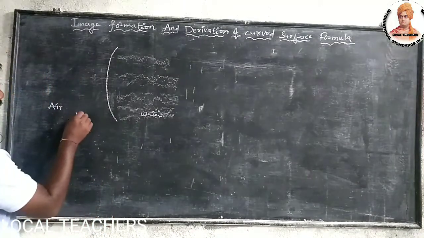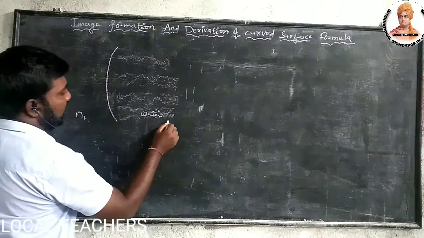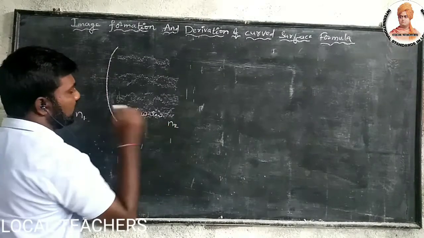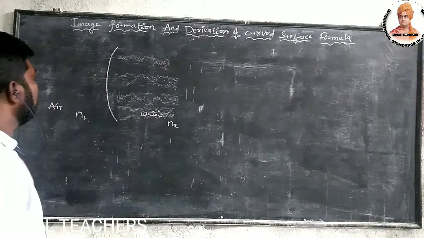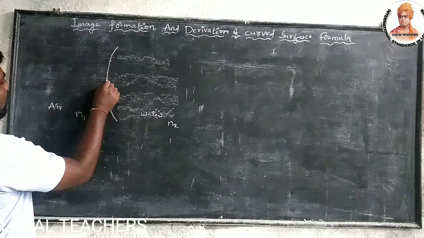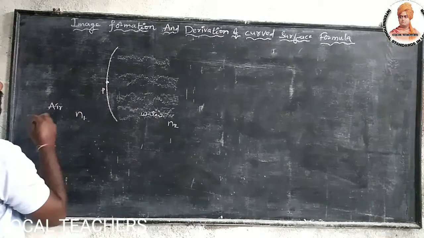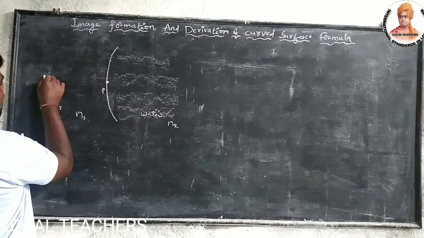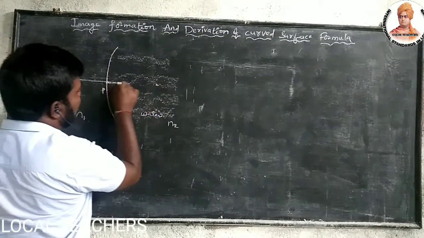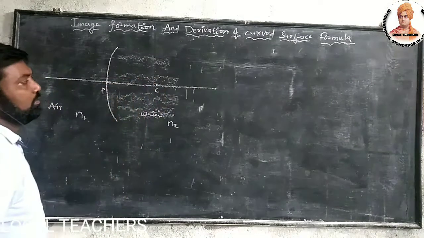The refractive index of water is N1 and the refractive index of air is N2. The midpoint of this curved surface is P. The line passing through P and C is the principal axis.